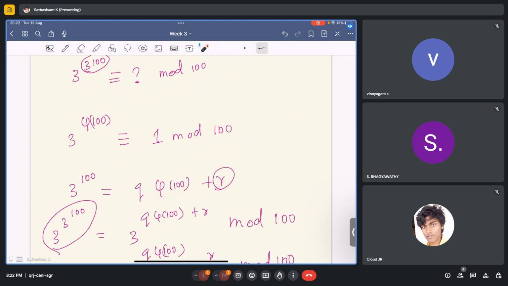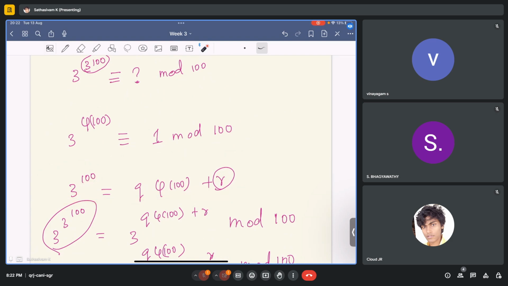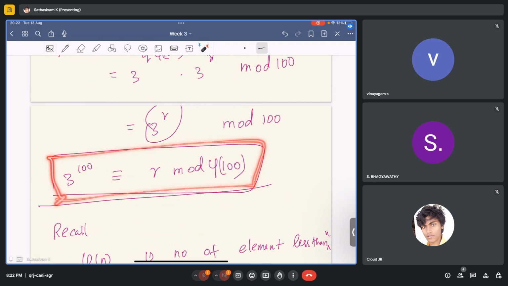So whatever the remainder term is, that is all that matters. So now we move on to this equation and try to find what this r is. If you go mod phi of 100, this equation tells you 3 power 100 is congruent to r mod phi of 100. Okay. This is what it tells you.